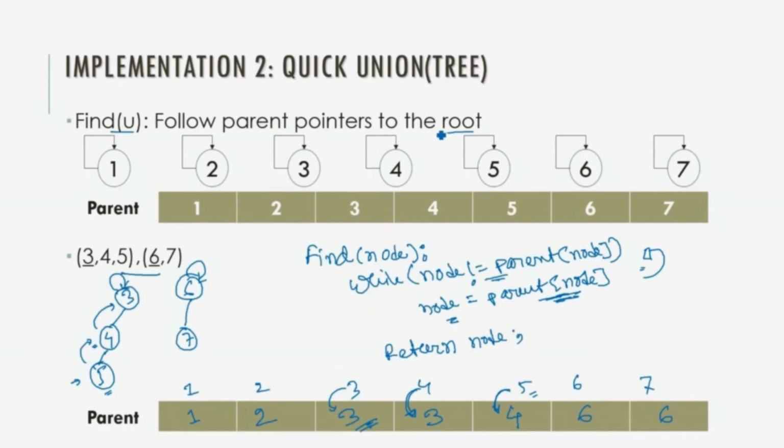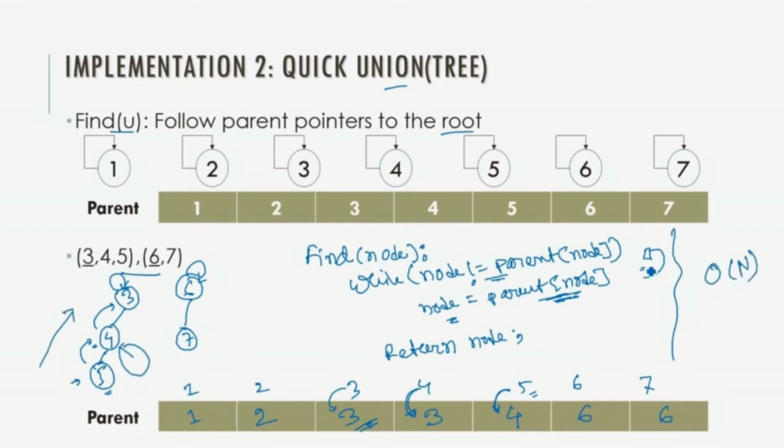If we use this approach, then the union operation will be faster. We just add a node to the corresponding tree. So a single operation is performed, but the find operation takes big O of n. Because in the worst case, we may need to traverse through n connections.